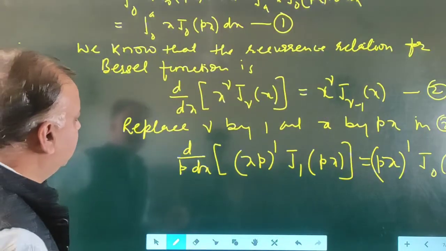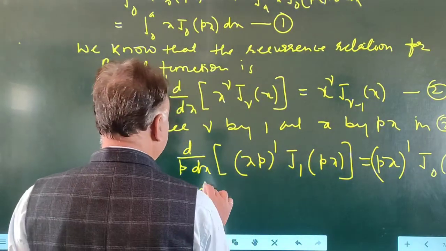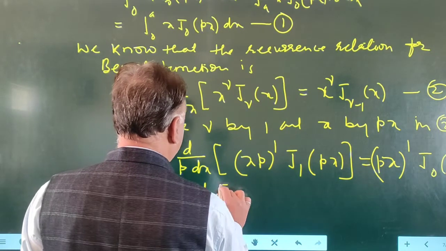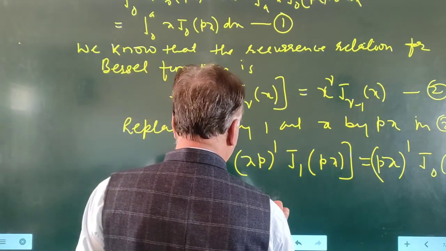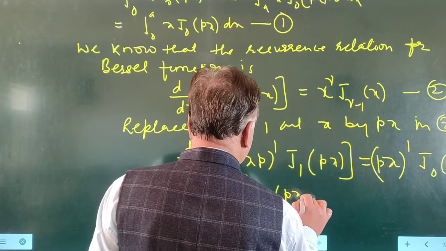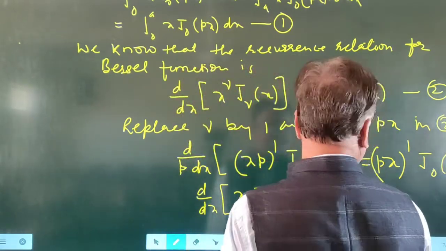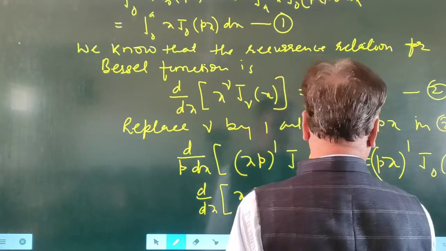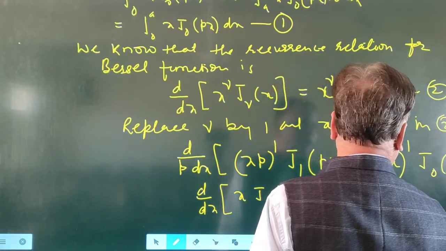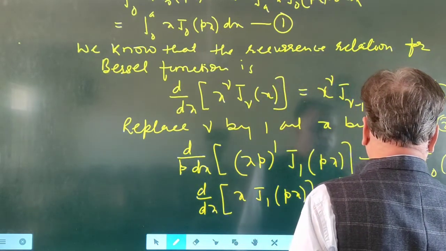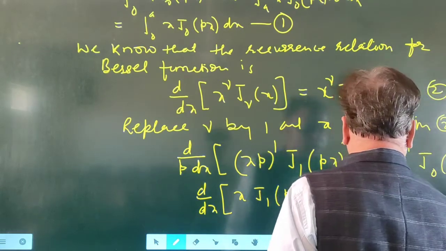Solving this, p is cancelled, so d by dx of x J_1(px) is equal to p times x J_0(px).